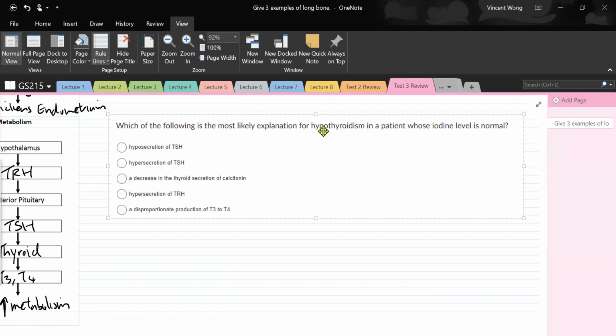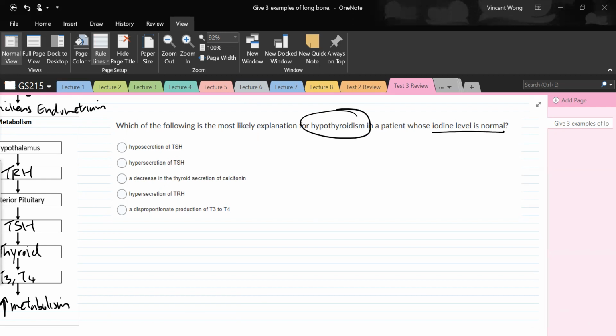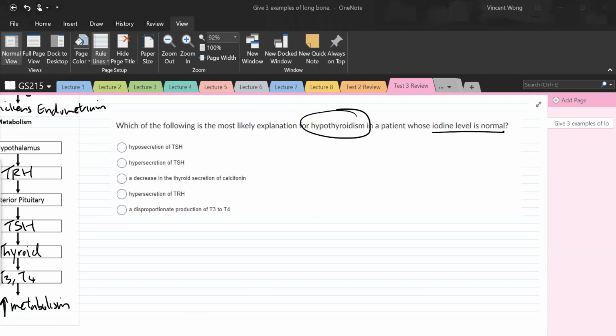If we don't have enough raw material to make T3, T4, you're going to have low metabolism. So this question is saying, what if the iodine level is normal, but the person still has hypothyroidism? Which of the following is the most likely cause? Here, let me launch the poll for you.